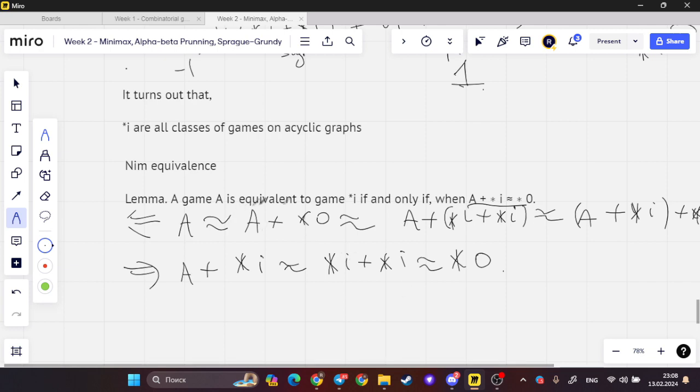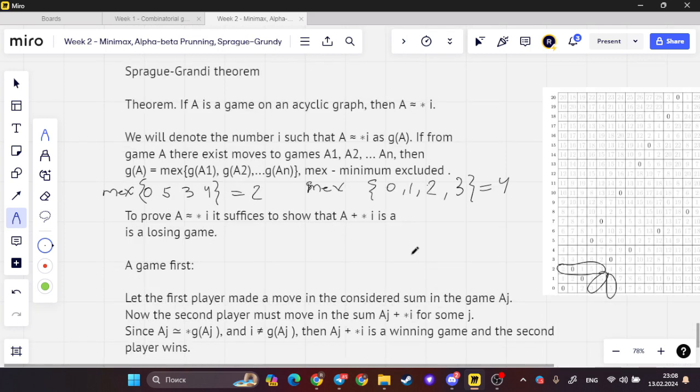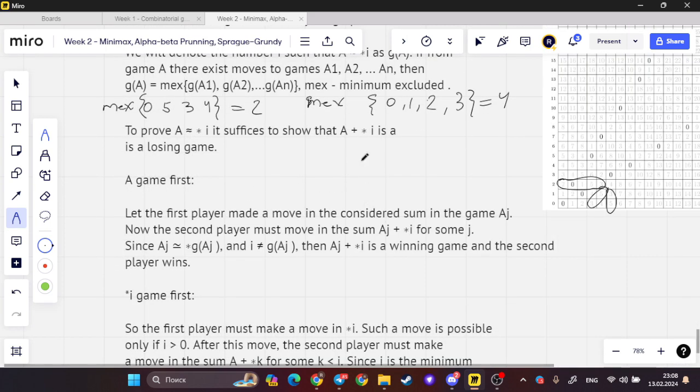Here's the previous lemma. Now we prove that A plus star E is a losing game. The first player can make a step in the A game or a step in the star E game.